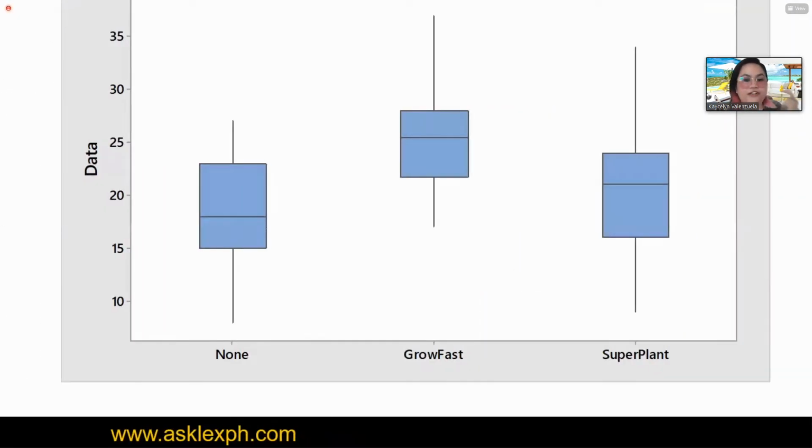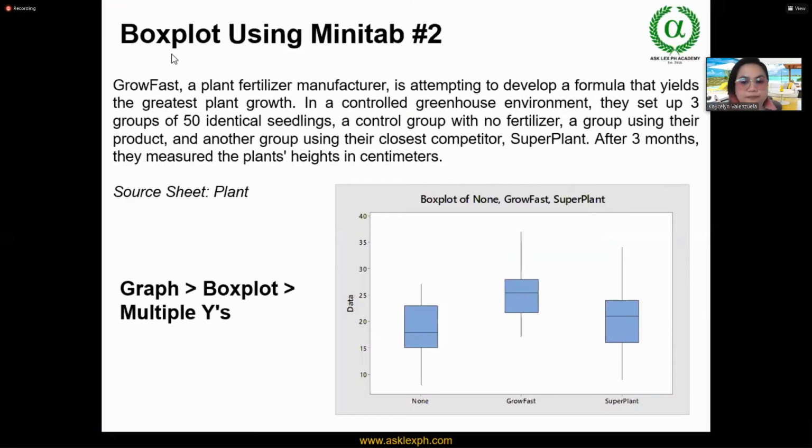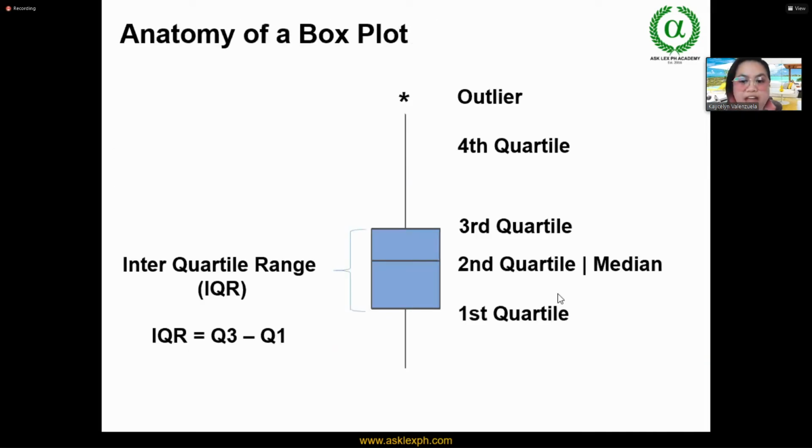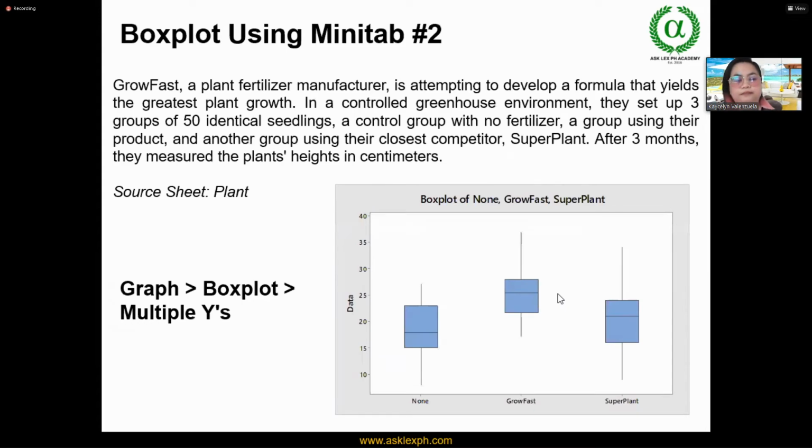So, from walang fertilizer to may grow fast and super plant of fertilizer, ito yung nakuha nilang data. So, na-compare niya. After 3 months, ito na yung height. So, sino yung mas mabilis lumaki? Diba? Ito makikita mo, pinakamabilis si grow fast. Tama ba? So, that's how you look at a box plot.